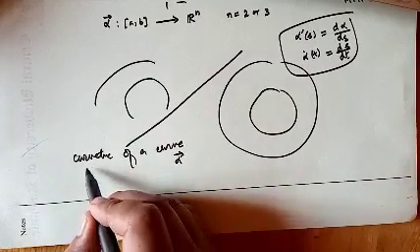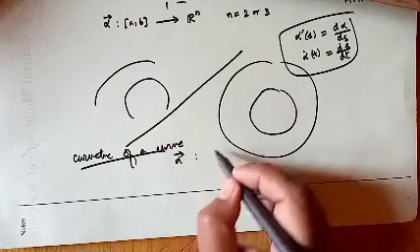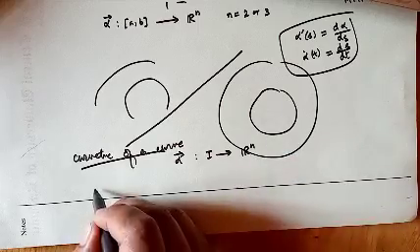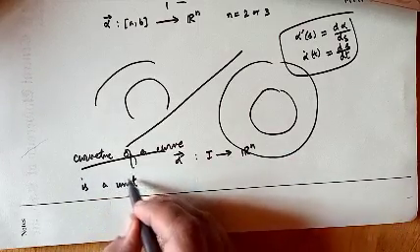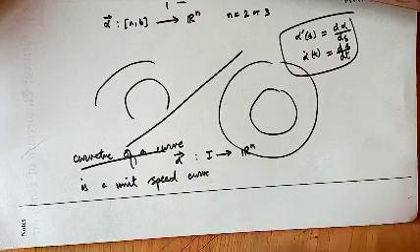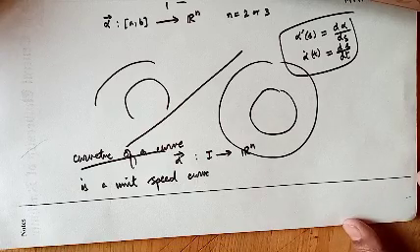So that is our definition of the curvature. If alpha is a function from an interval to Rn, and it is a unit speed curve, which means it is a regular curve, because if it is a regular curve, we can always reparameterize it so that it is a unit speed curve.